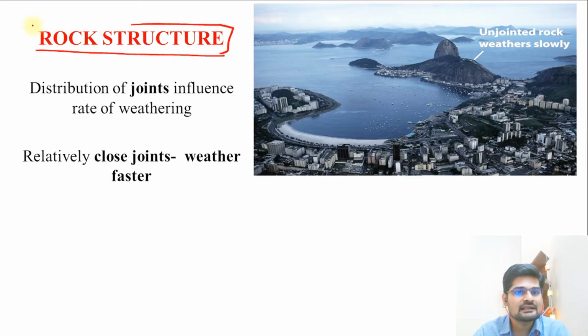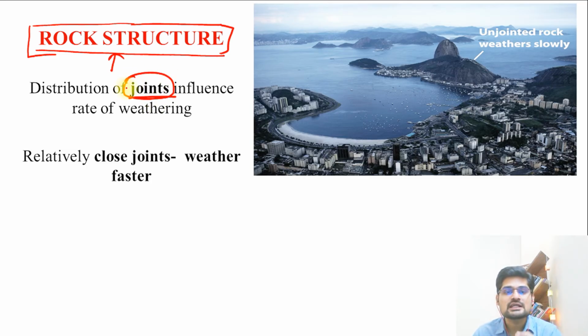The next factor in weathering of rocks is rock structure. So why is this structure important? Remember, in previous lectures we have talked about the structure of rocks related to folds and faults. Remember rock fracture, which had jointed rocks, fragmented rocks, and also faulting, movement happening. So the distribution of joints in the rock, that is the structural part of the rock, is one of the major influencers of the weathering process.